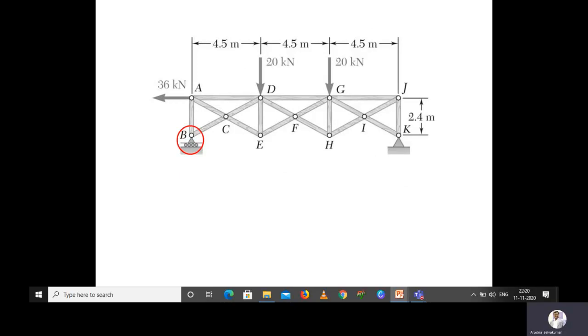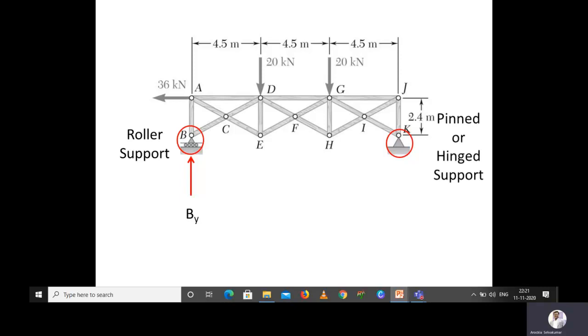In the given problem at point B, you can see it's a roller support. So this particular roller support will have only one reaction, that is By, along vertical direction. Next, at point K, you have pinned support or hinged support. As we discussed in the class, the pinned or hinged support will have two reactions.